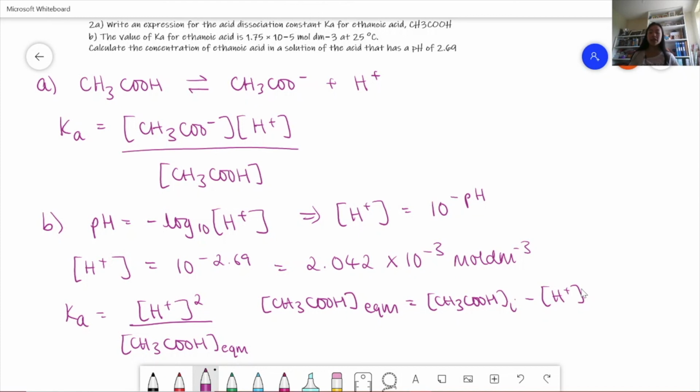But because it doesn't dissociate completely, we assume that this is very close to 0. And so this equilibrium concentration of the ethanoic acid is very similar to the initial.